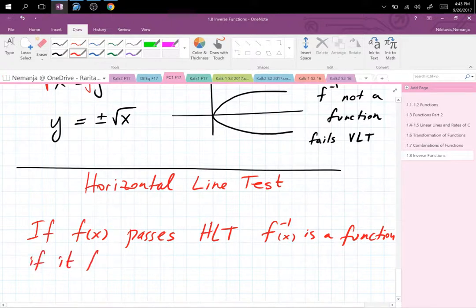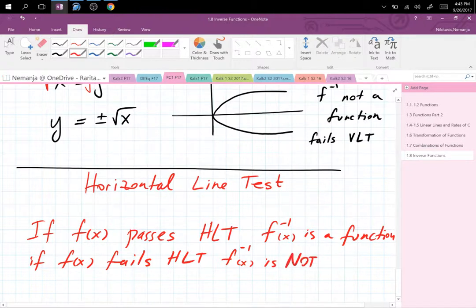If it fails, if f of x fails horizontal line test, f inverse is not a function, which means we do not have inverse function.